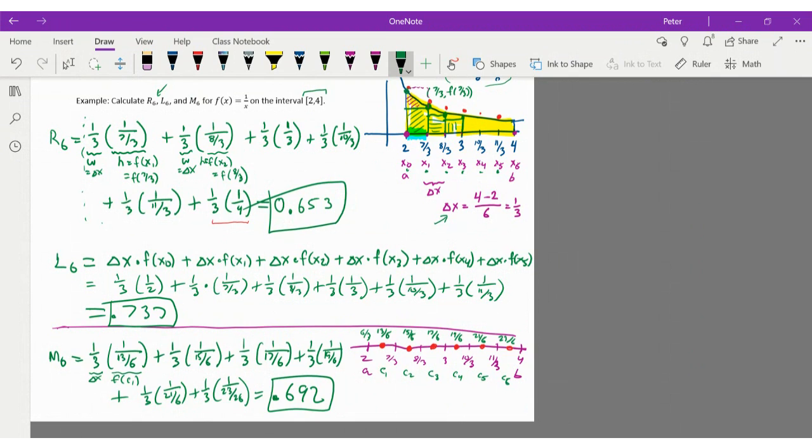Okay, so like I said, the most accurate one depends on the function. In this specific case, the midpoint one is the most accurate. The reason is that the midpoint gives you a height for the rectangle that's between the highest point on the left and the lowest point on the right.